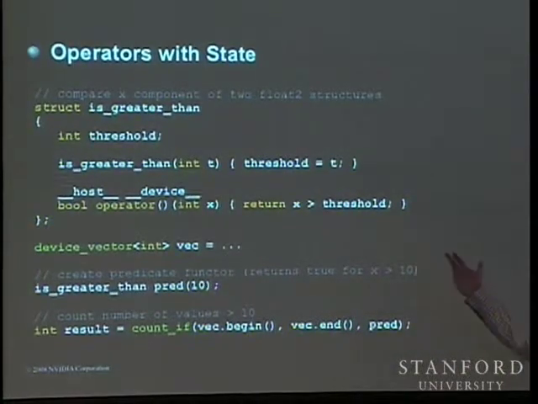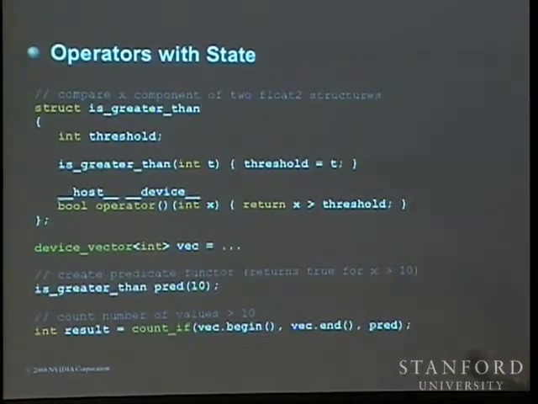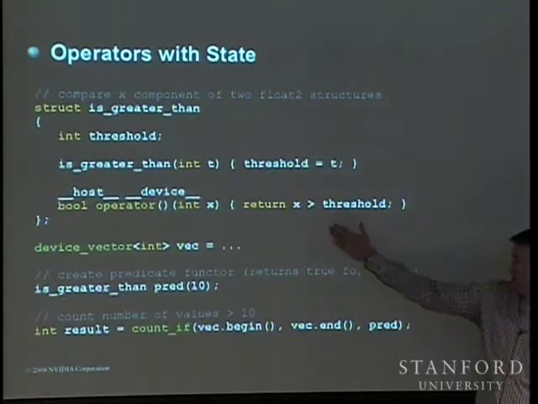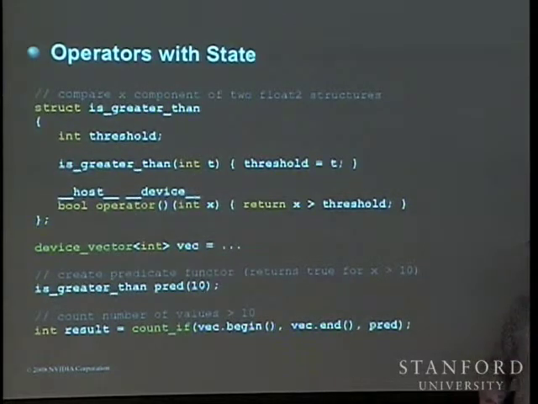I pass that into the function object. That gets saved in the variable threshold. And then when that functor gets called on the members of this vector, it's going to compare that value to the threshold and return true or false. So using this single line of code down here, I can count all the values that are greater than a particular threshold.